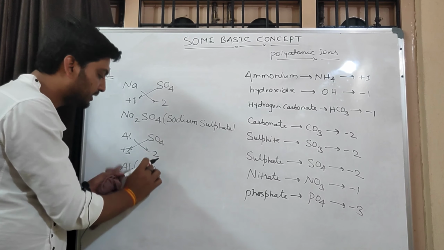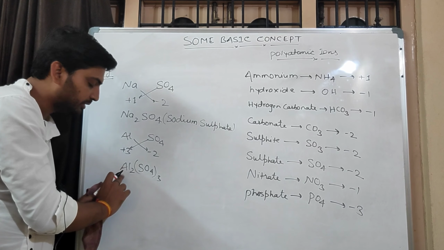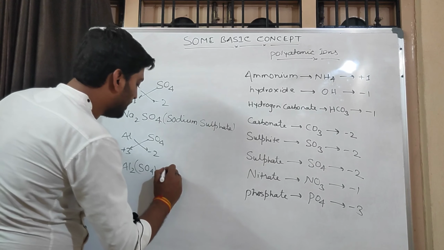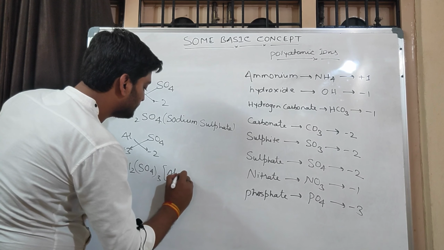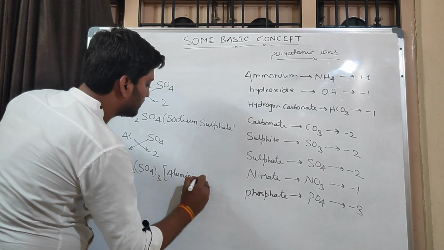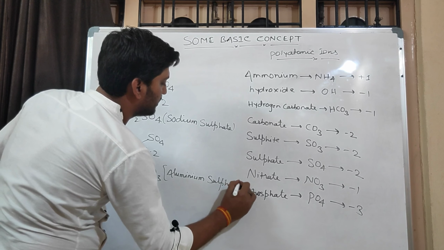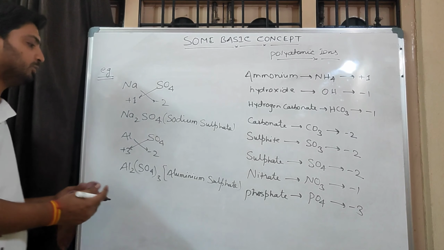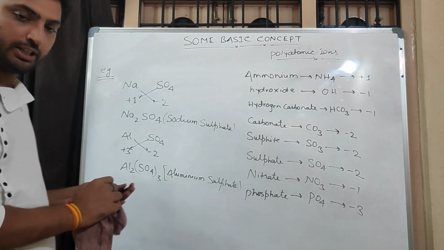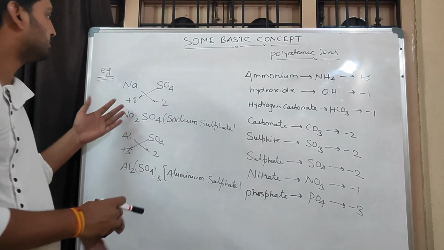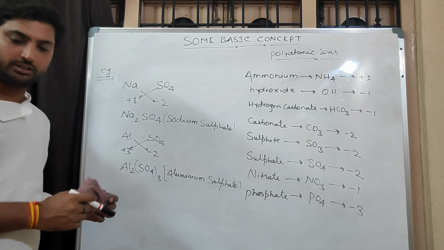So this 3 will be multiplied to the whole SO4. We will read it as Al2(SO4)3, and this compound name is aluminium sulfate. Now you can do many more examples, copy it or take a screenshot.